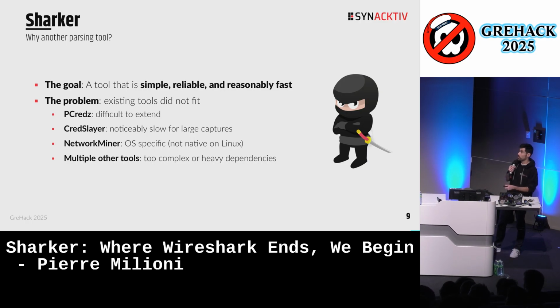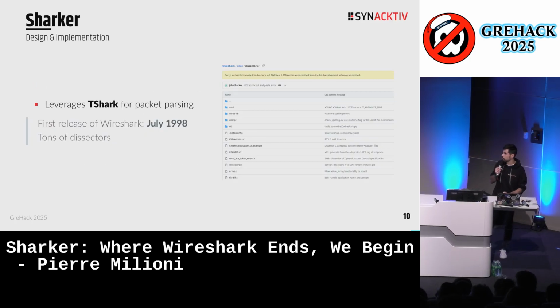And then there are other tools such as NetworkMiner. However, it's designed to run on Windows, so it's quite complex to use it on Linux. And there are multiple others that are either too complex, provide lots of features that we don't really need, or are shipped with lots of dependencies, things that we don't really want when we are treating sensitive data.